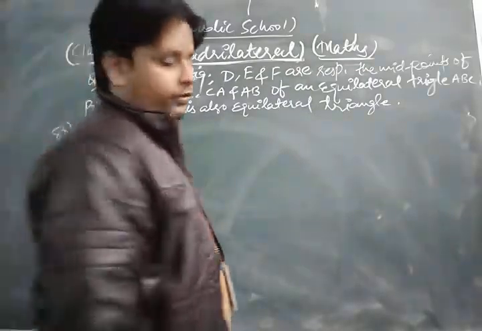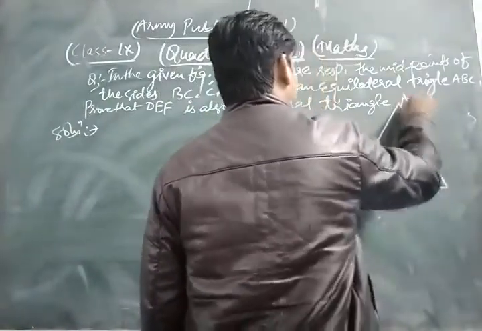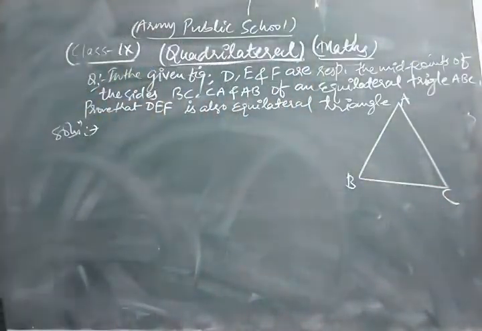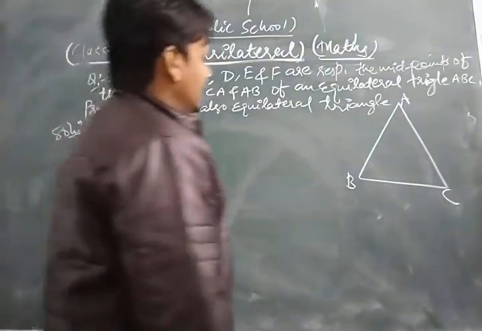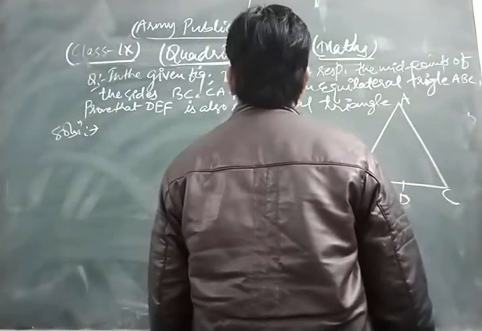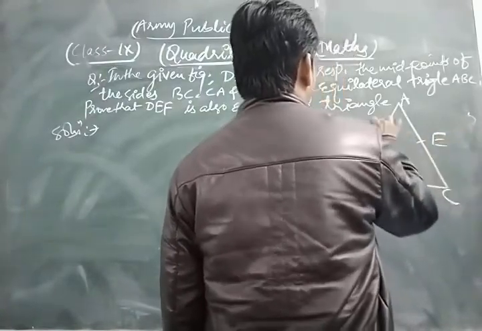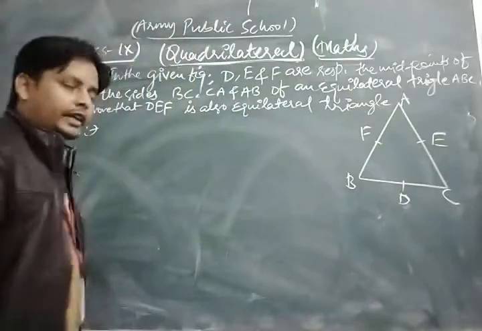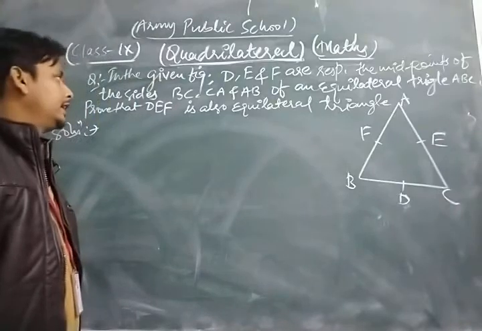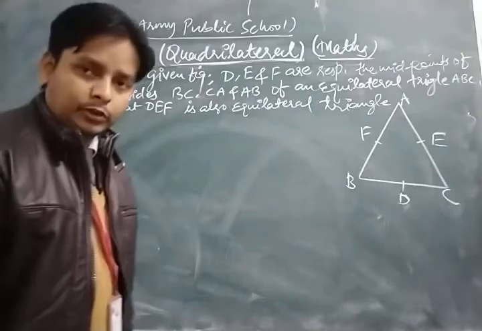Dear students, first of all look at the figure. ABC is an equilateral triangle according to the question, and D, E and F are the midpoints of the sides: D is the midpoint of side BC, E is the midpoint of side CA, and F is the midpoint of side AB. DEF means we just join all the midpoints.